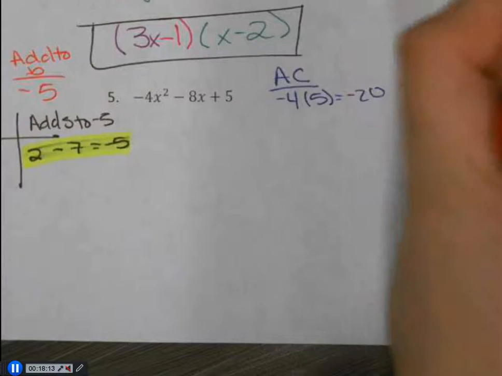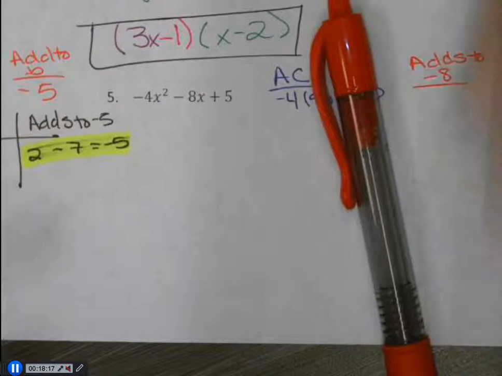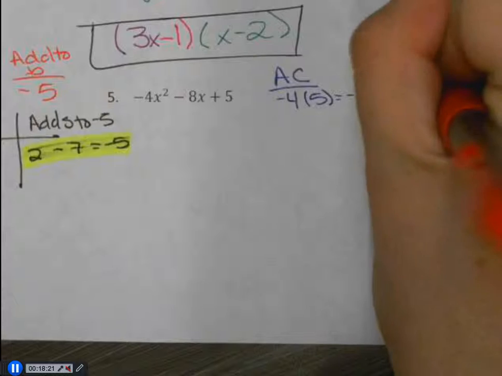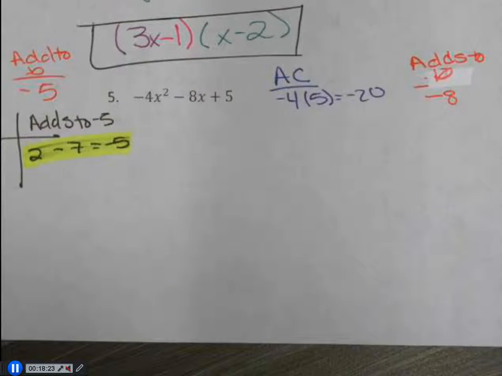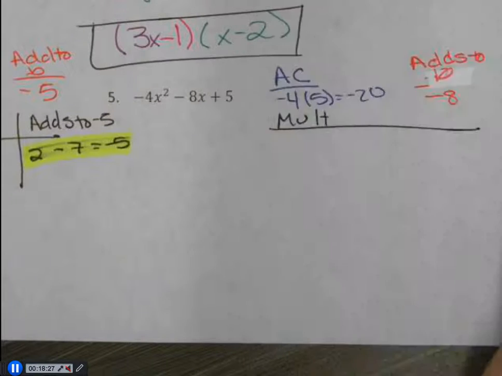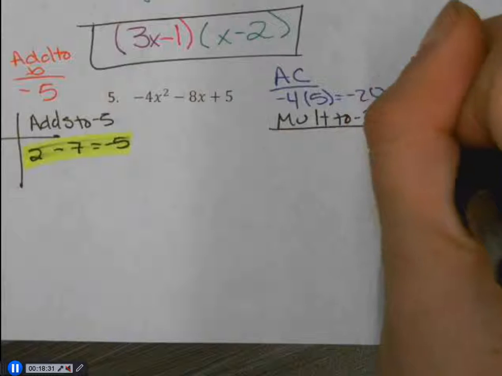Negative 8. Oh no, I just meant what is B. Okay. Then I want to figure out what multiplies to, is it negative 20? And adds to negative 8.